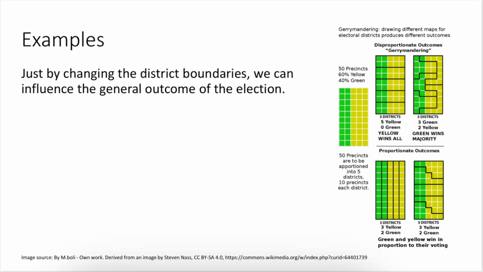And so to see an example of how gerrymandering works, let's look at this situation. Let's say that for whatever political thing they were voting on, maybe 40% of the population was going to vote yes, and maybe 60% was going to vote no. And they were split up into precincts or neighborhoods where most of the people in the same neighborhood agreed.